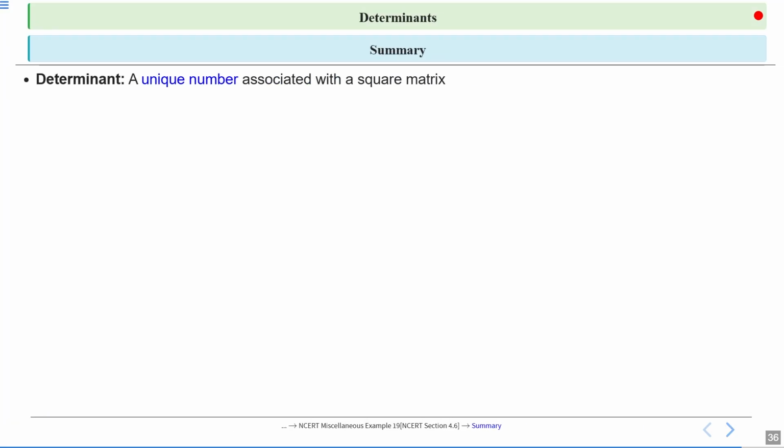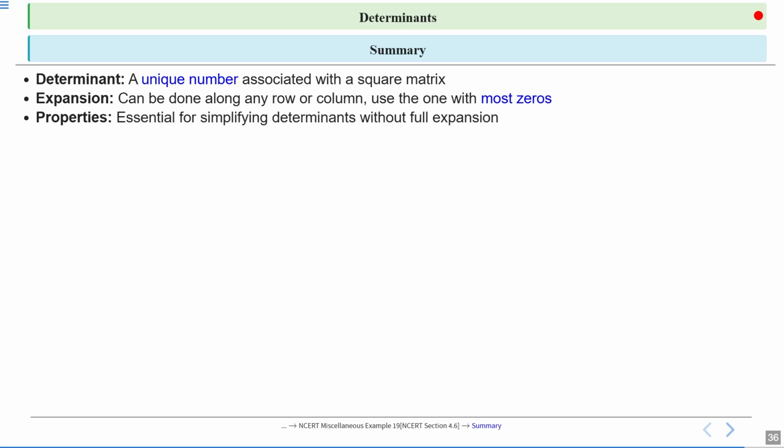Okay, so in summary, determinant is a unique number associated with a square matrix. And we can expand along any row or column in which there are most zeros to simplify the expression. Some properties: determinant of A is determinant of transpose of A. And if we just interchange the rows in a determinant, the determinant value is changed by just sign.